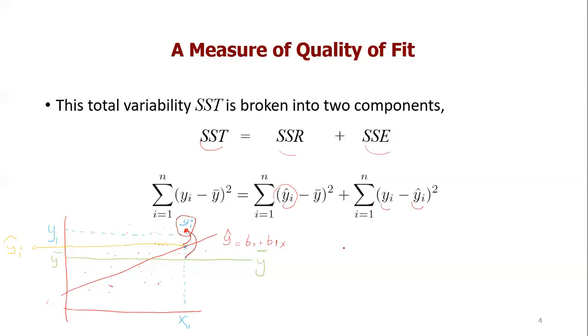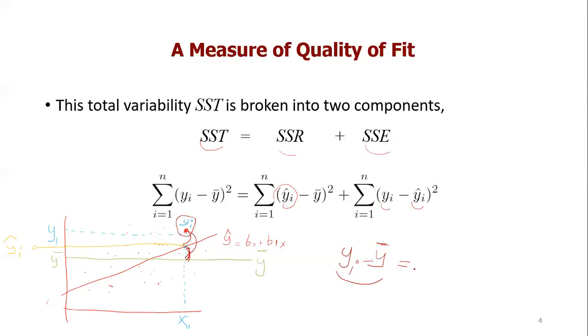So we distribute the distance yi minus y bar. Remember, this is the measure that we were interested in at the very beginning of our lecture. We say that the deviation around the mean is very important for us. So this is the deviation around the mean. We distribute this into two parts. The first part is the distance up to here.